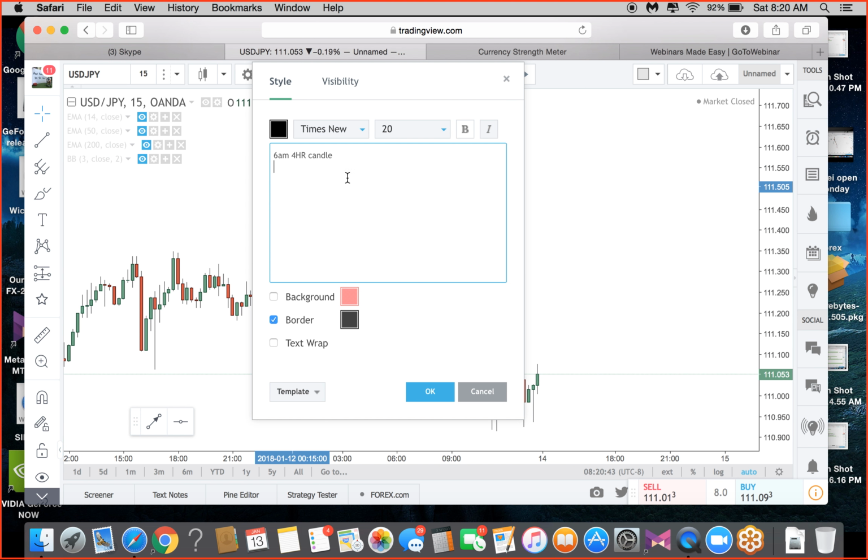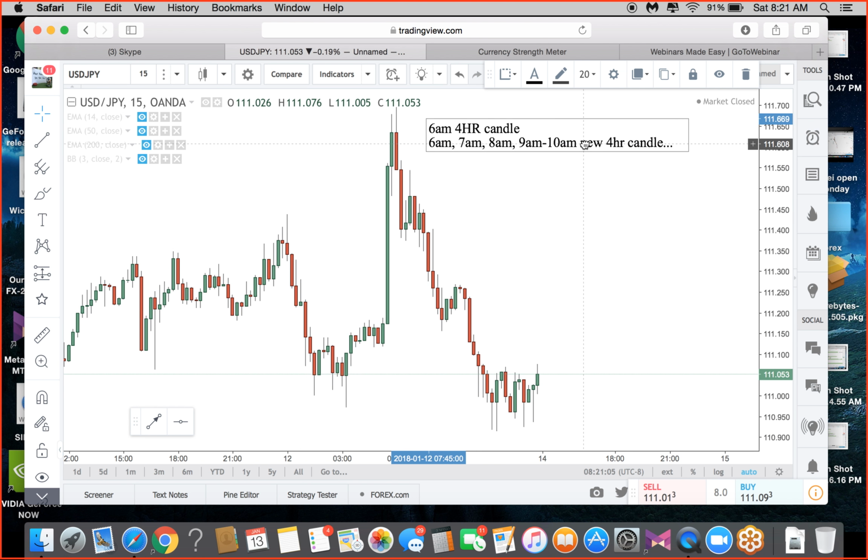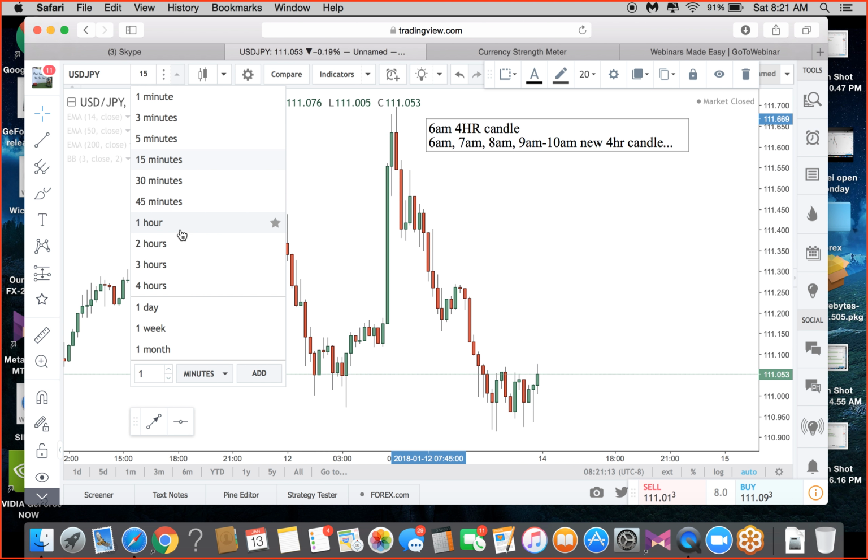What's important about the 4 hour candle is you've got 6 a.m., 7 a.m., 8 a.m., 9 a.m. Then the next one, 10 a.m., is a new 4 hour candle. So what's really important is you have four 1 hour candles in between, right? Because every candle represents the time frame we're on.